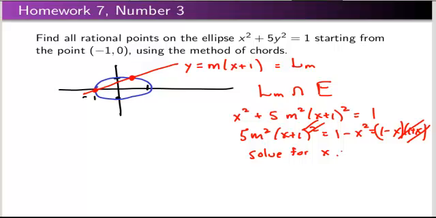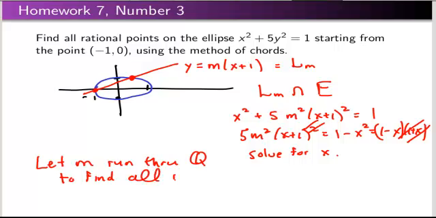Okay, so that'll give you the second point of intersection, and then you let the slope m run through the rationals to find all rational points.